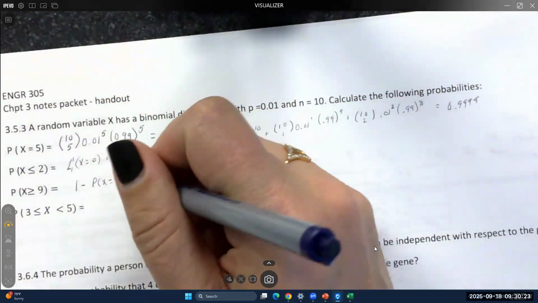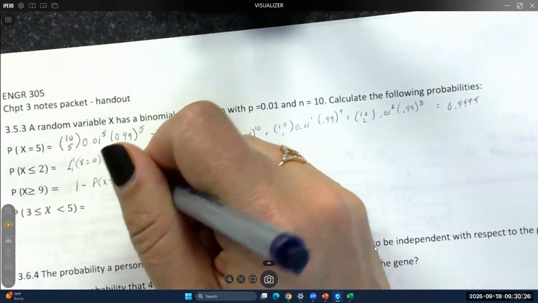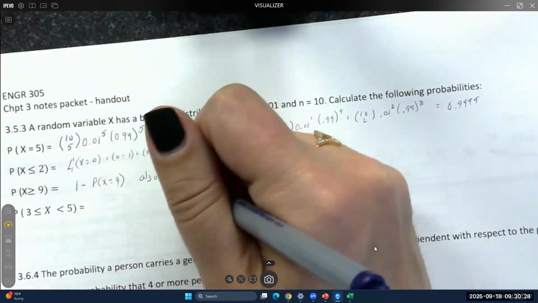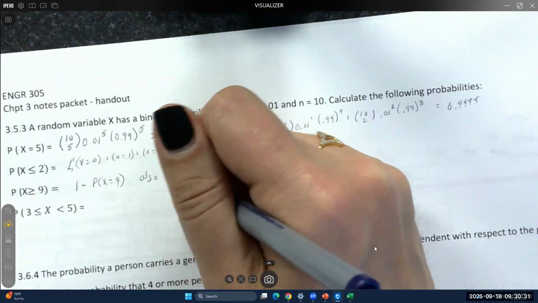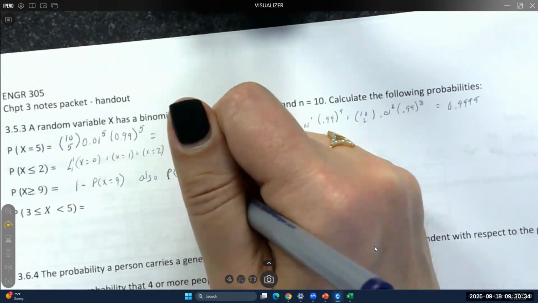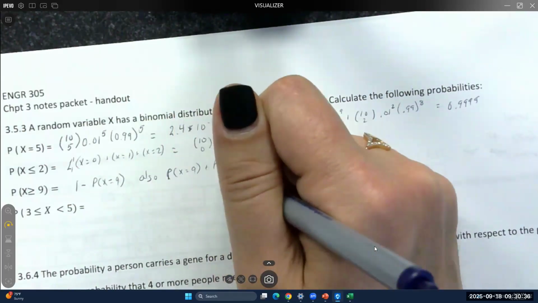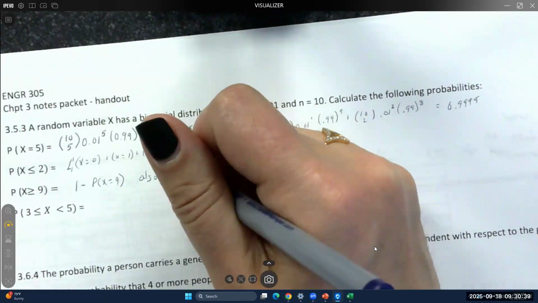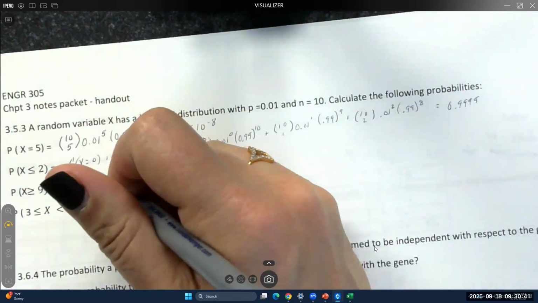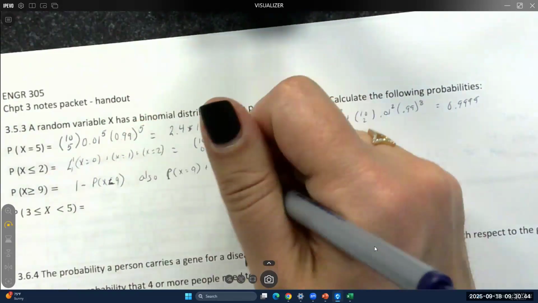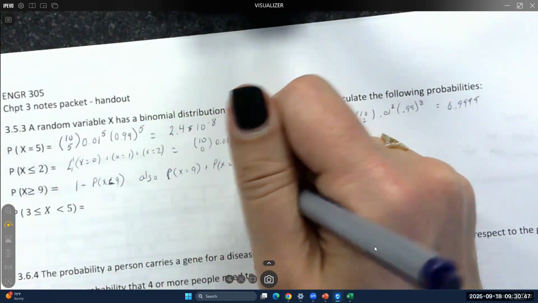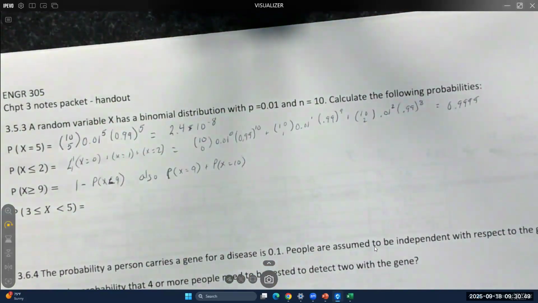This is also the probability that x equals 9 plus the probability x equals 10. On my continuous, I would have to do it as 1 minus the probability that x is less than 9, because for continuous, there's an infinite realm between these. For discrete, I can do the actual addition.